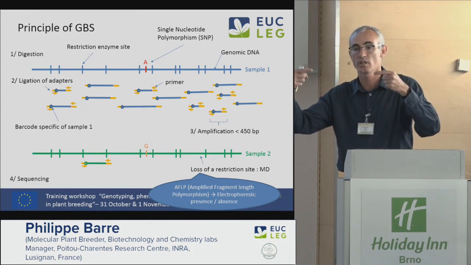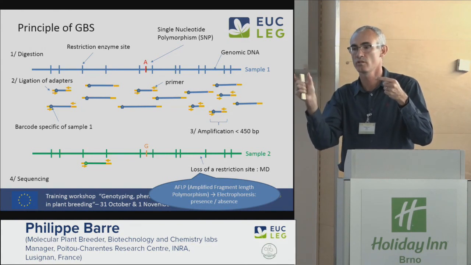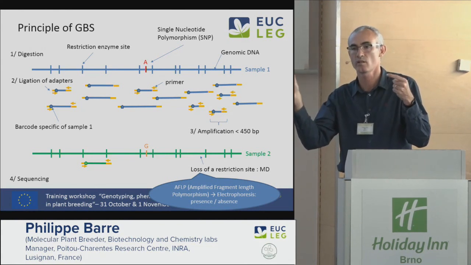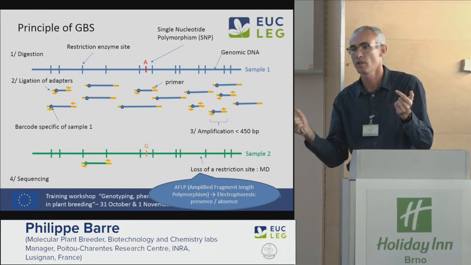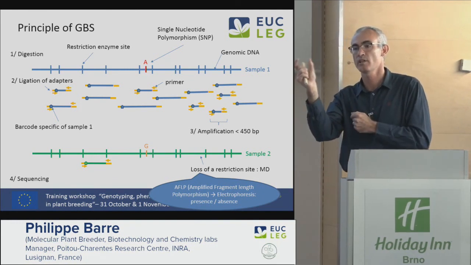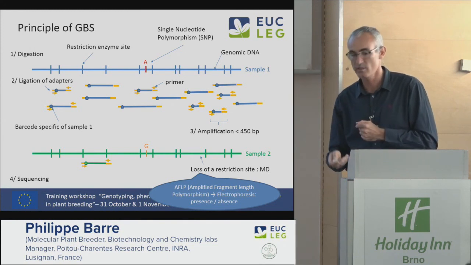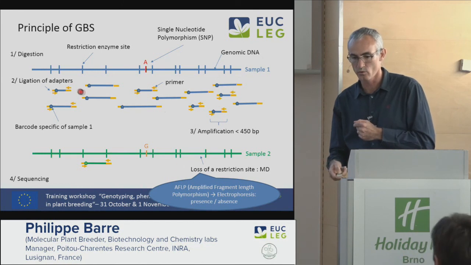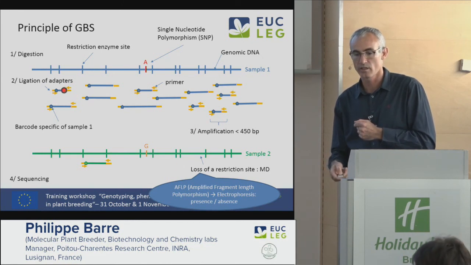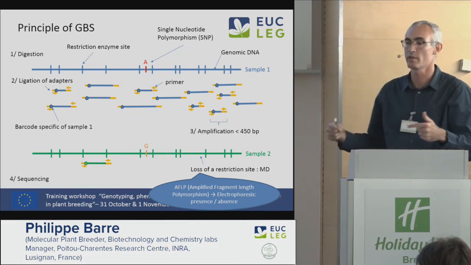An adapter is a short known DNA sequence, at least 18 or 20 bases. And since you know those sequences, you ligate the adapters on both sides of all the fragments.